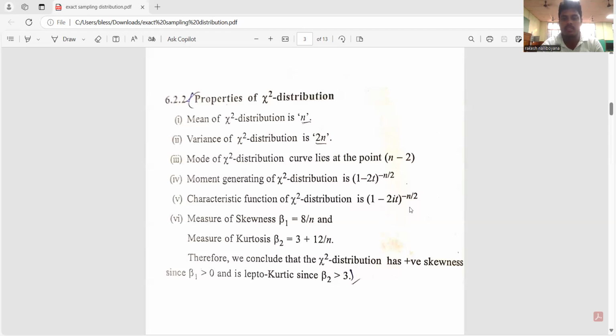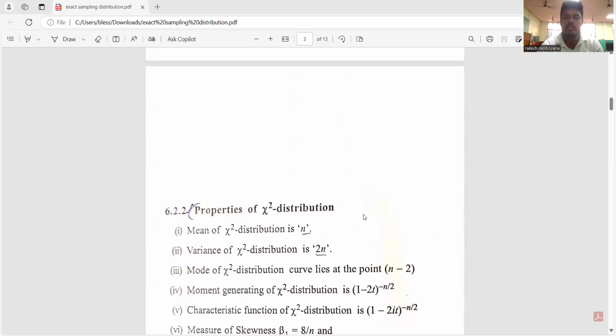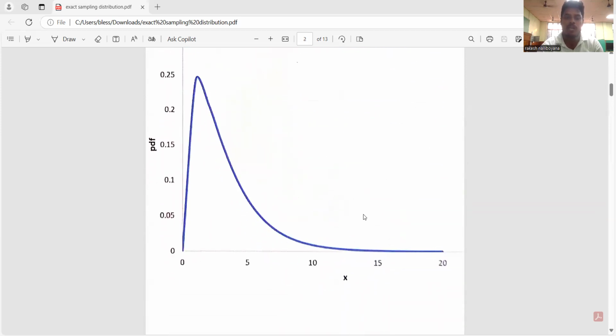Therefore, we conclude that the chi-square distribution has positive skewness, and beta 2 is greater than 3, which means the distribution is leptokurtic. That is the reason the graph appears this way.